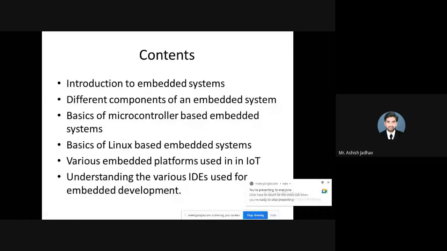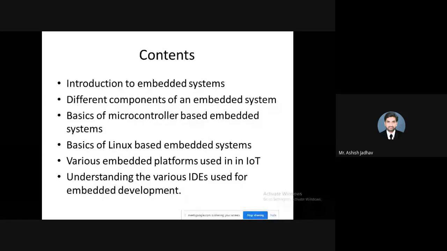Here we need to understand what an embedded system is. Then we will see the different components of an embedded system. Then the basics of microcontroller, because there are embedded systems which are based on microprocessor and microcontroller. So the basics of microcontroller are to be considered here. Then the basics of Linux based embedded system.